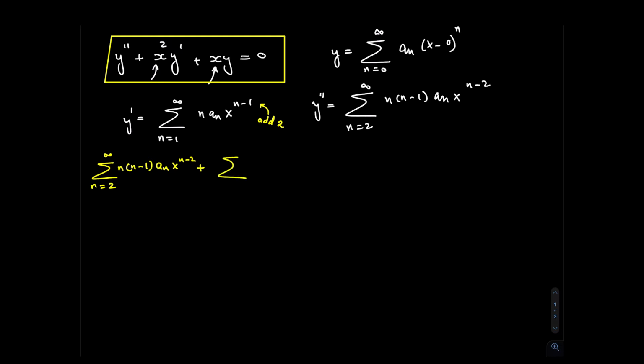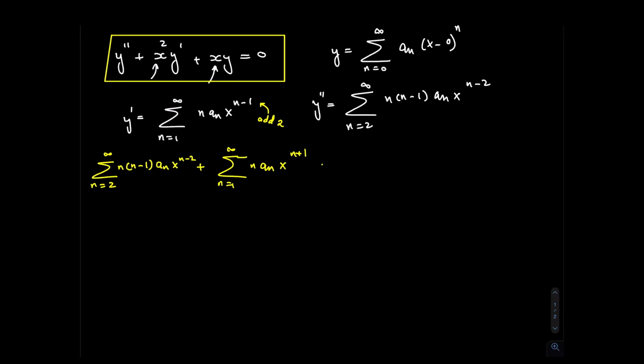So that'll be the summation of n equals 1 to infinity of n a_n x to the power of n minus 1 plus 2, which will be n plus 1. So this will just be n plus 1 because we added 2 to the power.